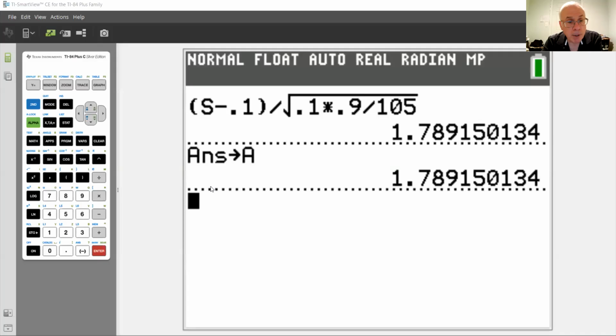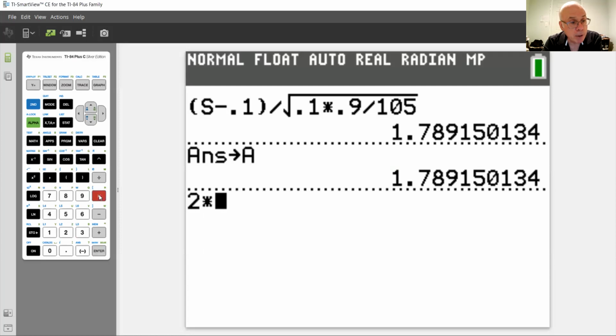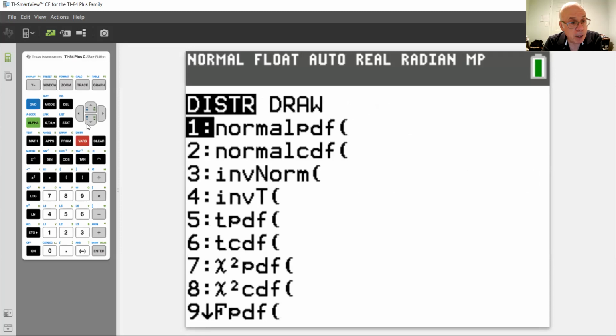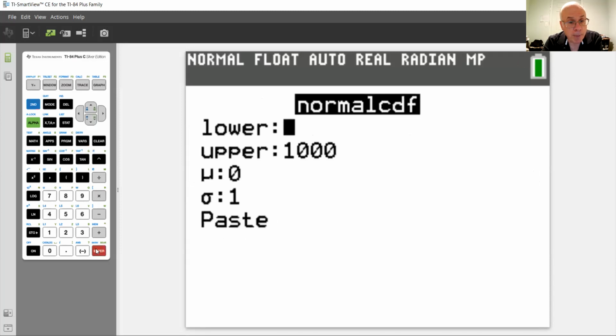Go back to the calculator. We're going to use this for our p-value. So we're going to say 2 times, remember it's two-tail, normal CDF. And we're going to use greater than here because the p hat is bigger than p.